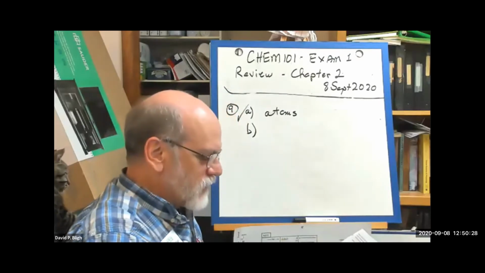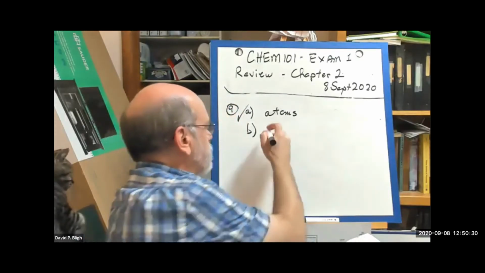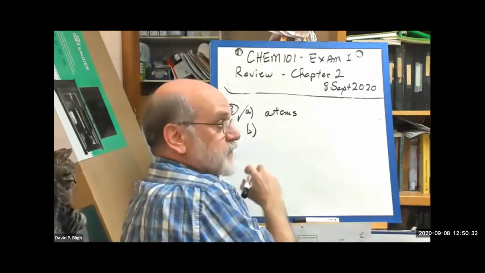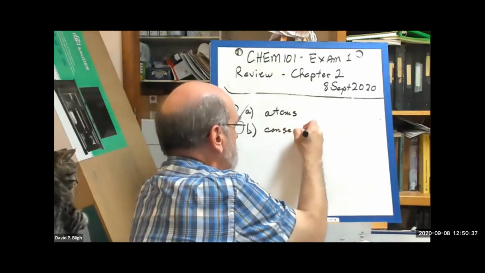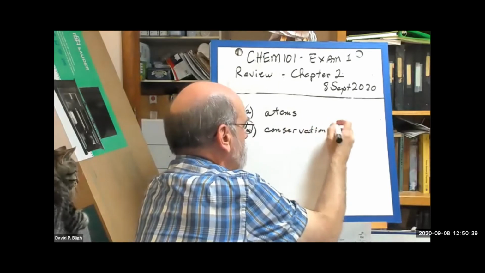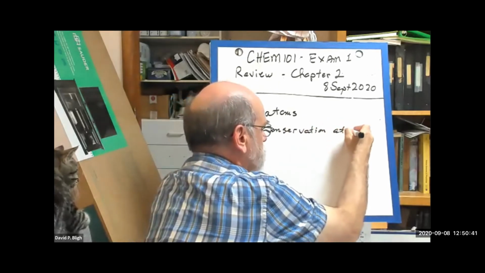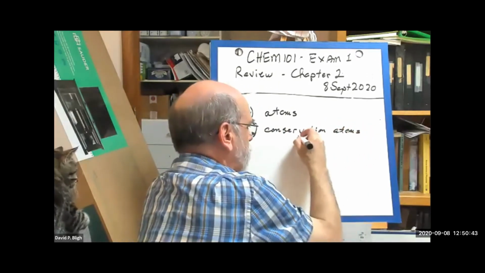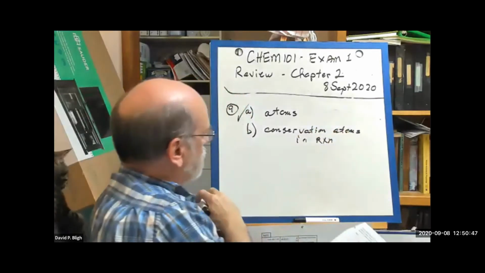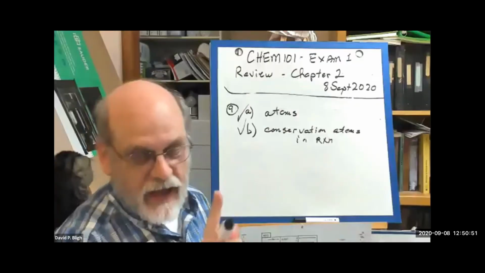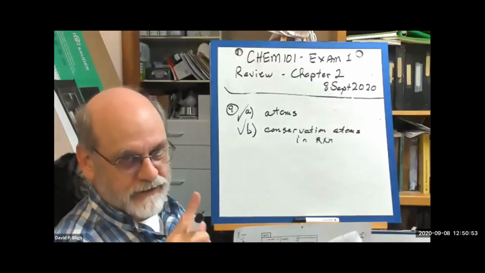Atoms are not created or destroyed in chemical reactions. Conservation of atoms in a reaction. Okay, is that still true? That's true. In a chemical reaction, not in a nuclear reaction, in a chemical reaction.